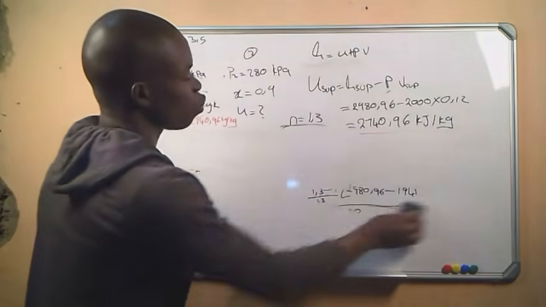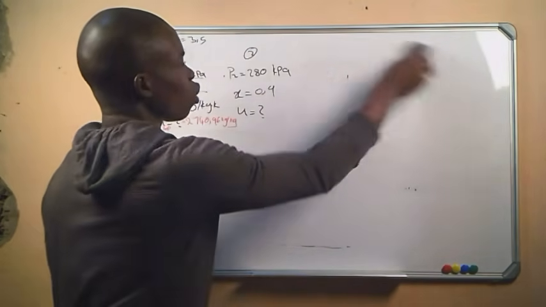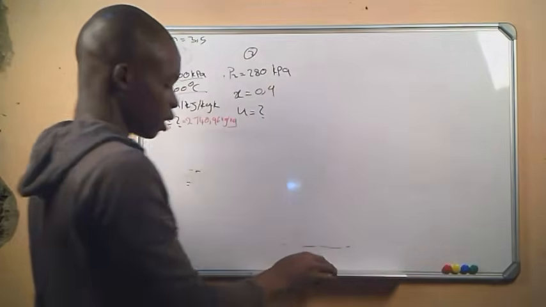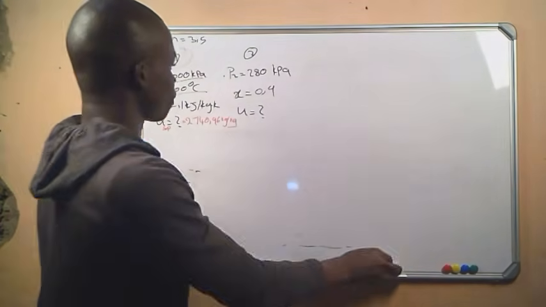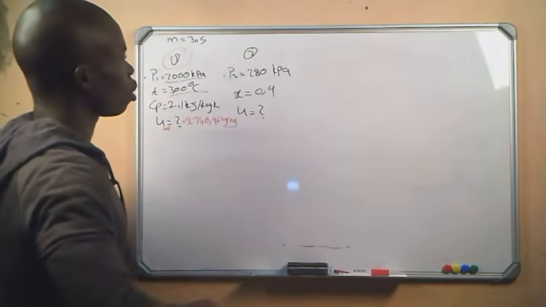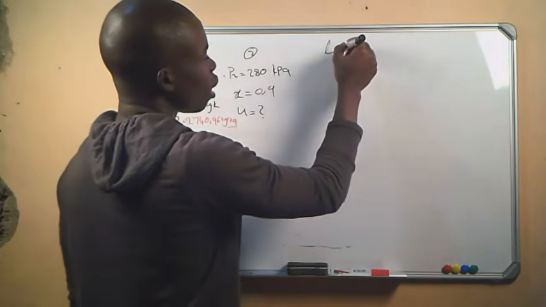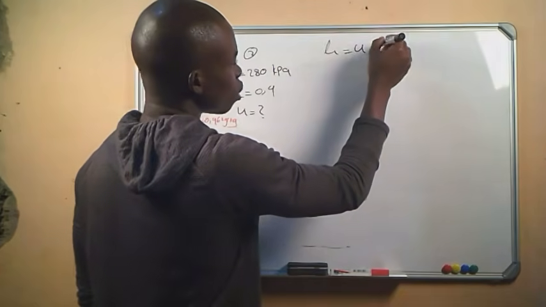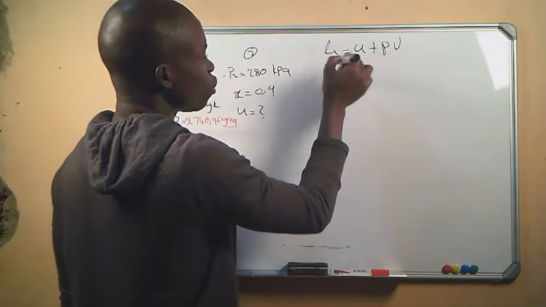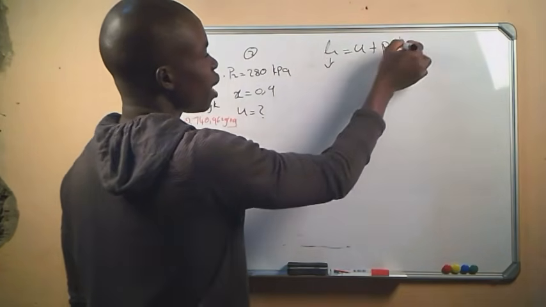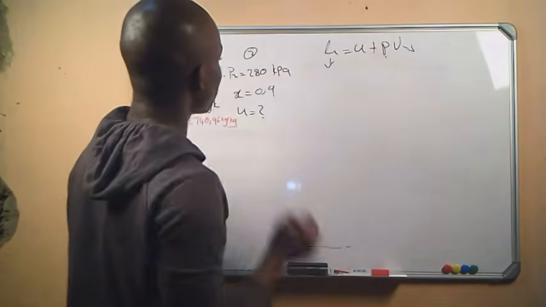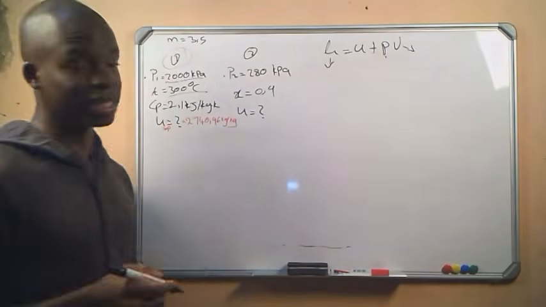We know now that we are no longer dealing with superheated steam, but now we are dealing with wet steam. And then we also need to find our U, our H, which is enthalpy, and our V, since we have our pressure as 280.